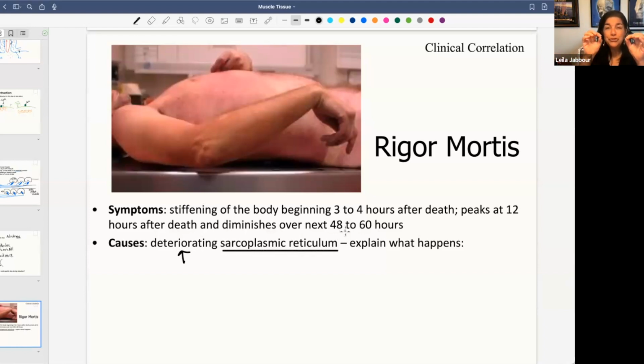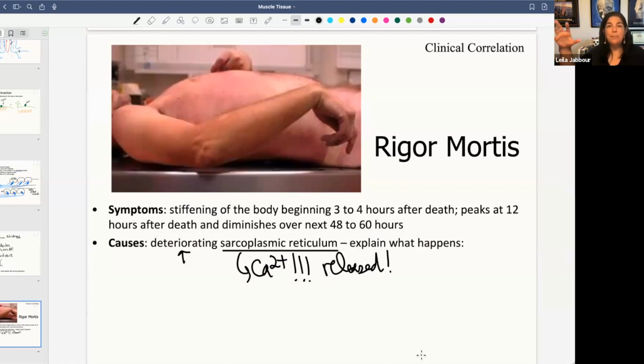The first things that start decomposing, basically disintegrating, is the sarcoplasmic reticulum. So immediately after death, the sarcoplasmic reticulum just falls apart. And what does the sarcoplasmic reticulum contain? Calcium. Calcium is released from the SR.